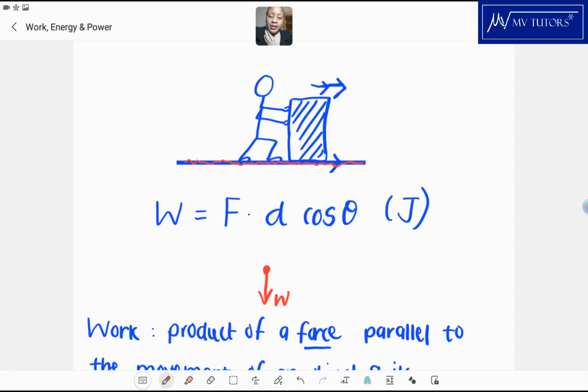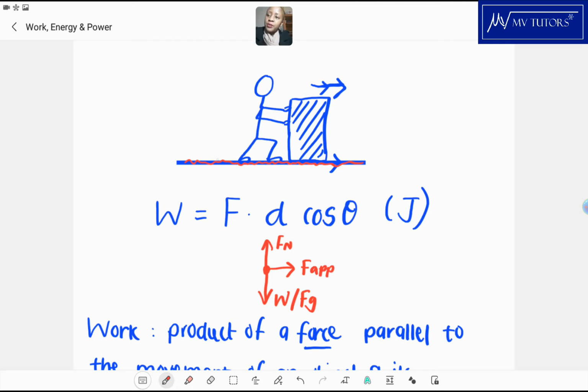You can indicate it as W or as Fg. Then there's the normal force, which is always perpendicular to the surface. Then there's the applied force, F applied, which is in an easterly direction.